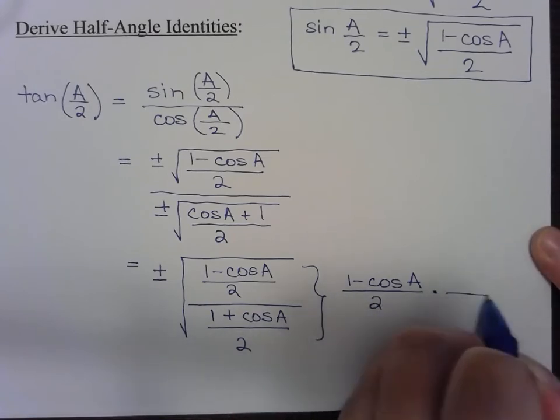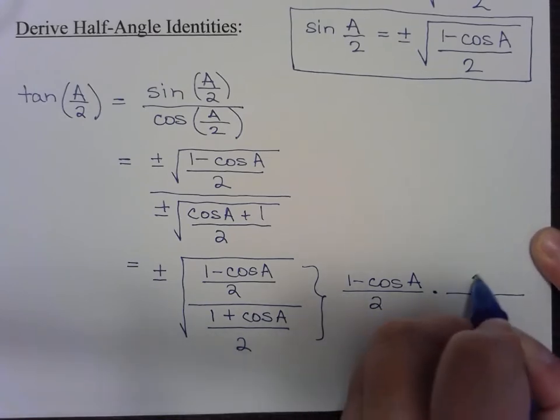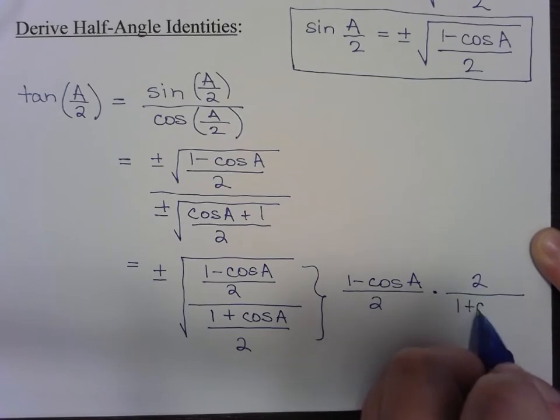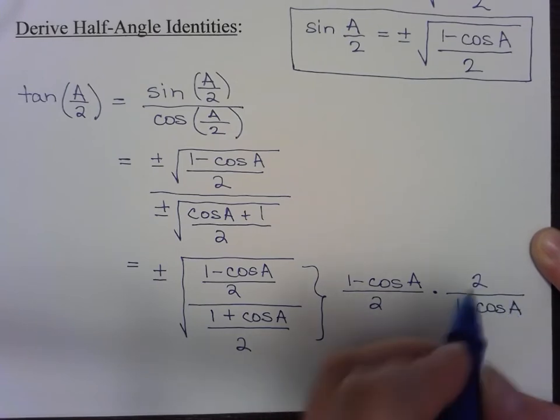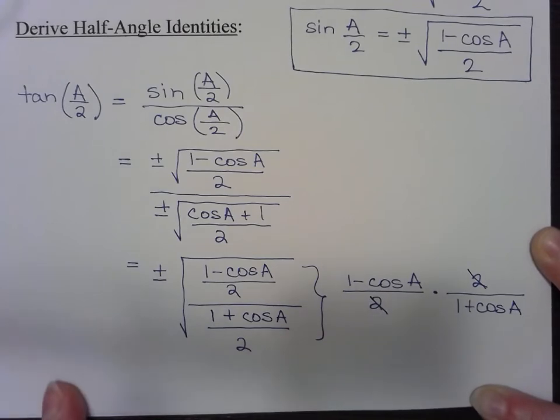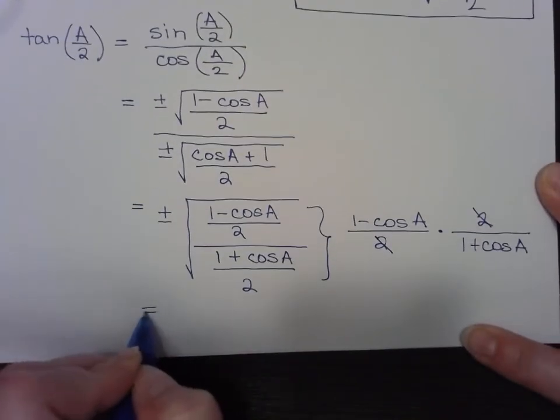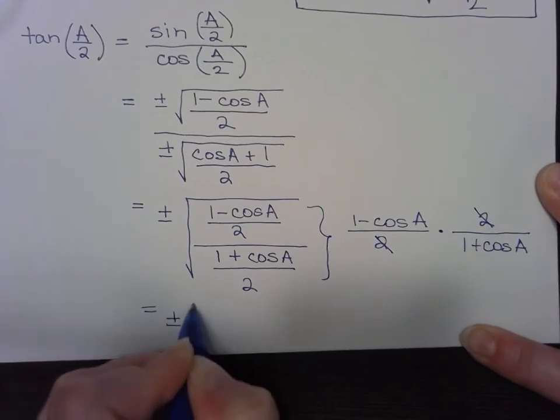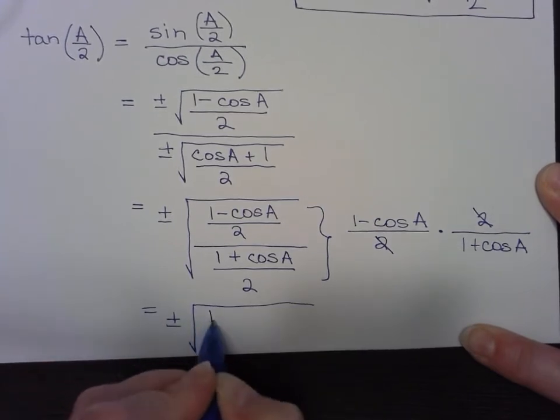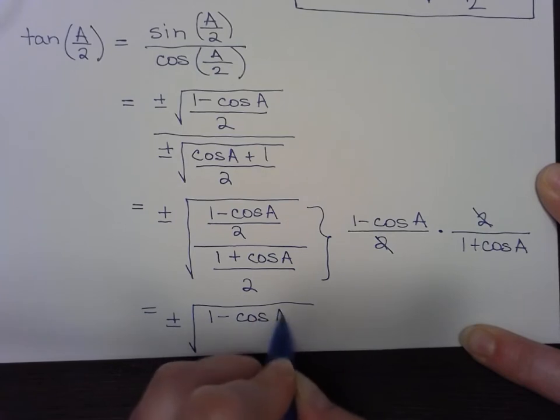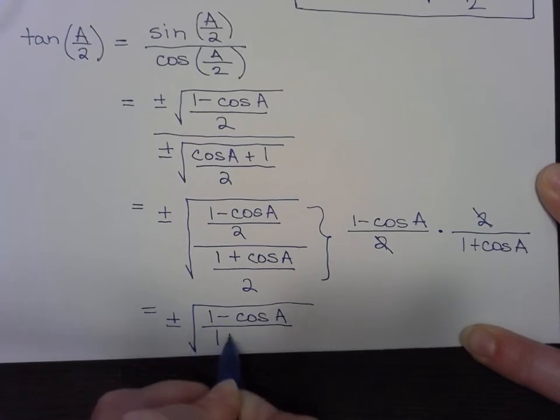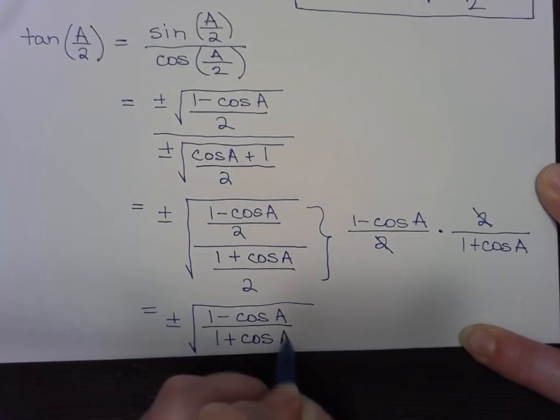Change it to multiplying, and flip this one. The 2's are going to cancel, and I'm going to be left with plus or minus the square root of 1 minus cosine of A over 1 plus cosine of A.